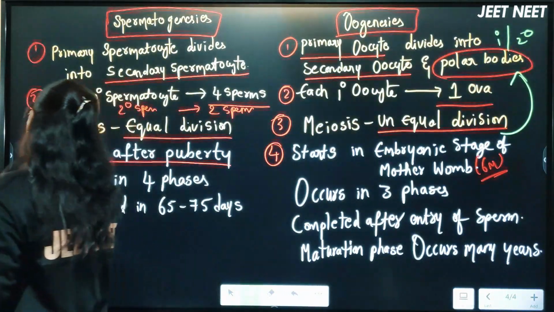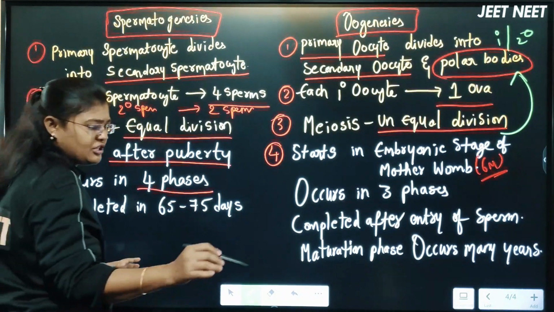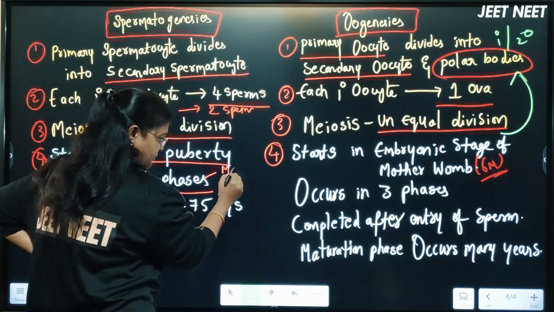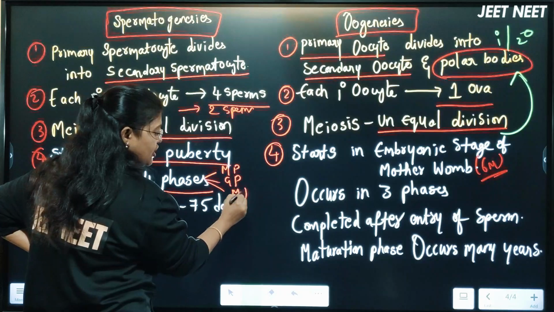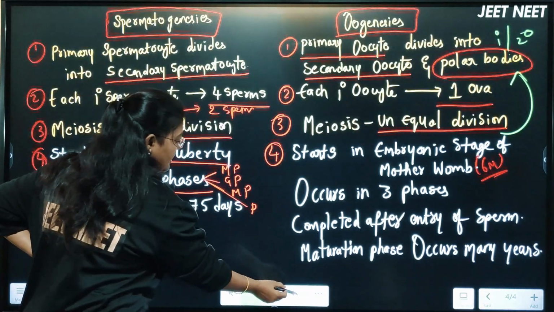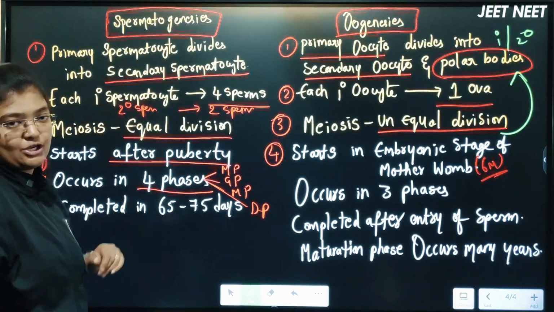The spermatogenesis process will happen in how many phases? 4 phases. If you remember the previous video, that is the multiplication phase, growth phase, maturation phase and differentiation phase, right? 4 phases appear in spermatogenesis.